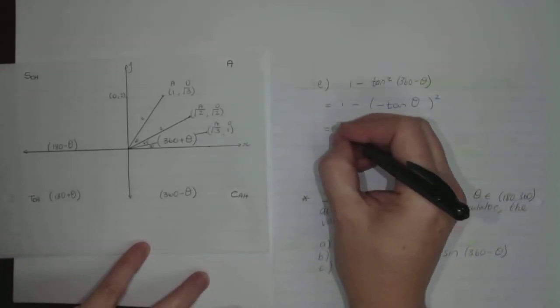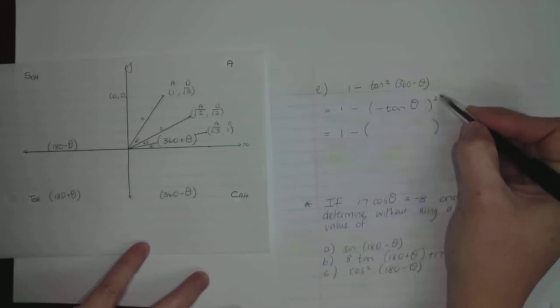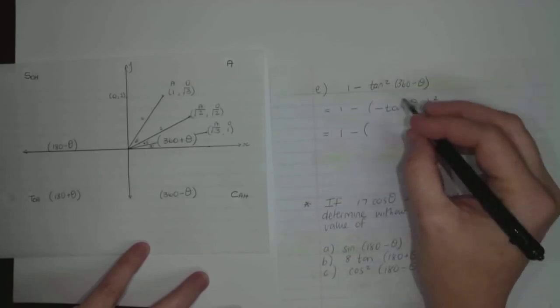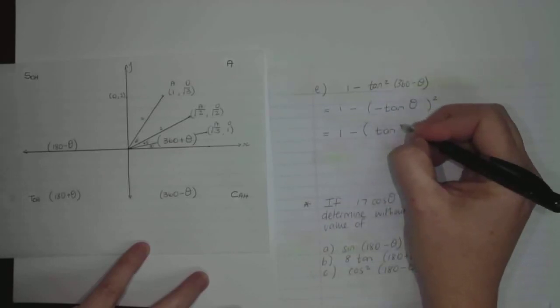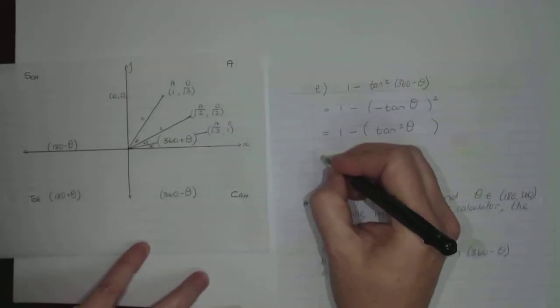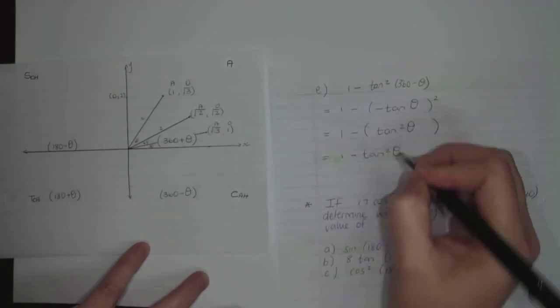Before I'm allowed to distribute that negative, I first need to sort out the square. A minus and a minus is a plus, and tan theta times tan theta is tan squared theta. Now I can distribute the minus, so my answer is 1 minus tan squared theta.